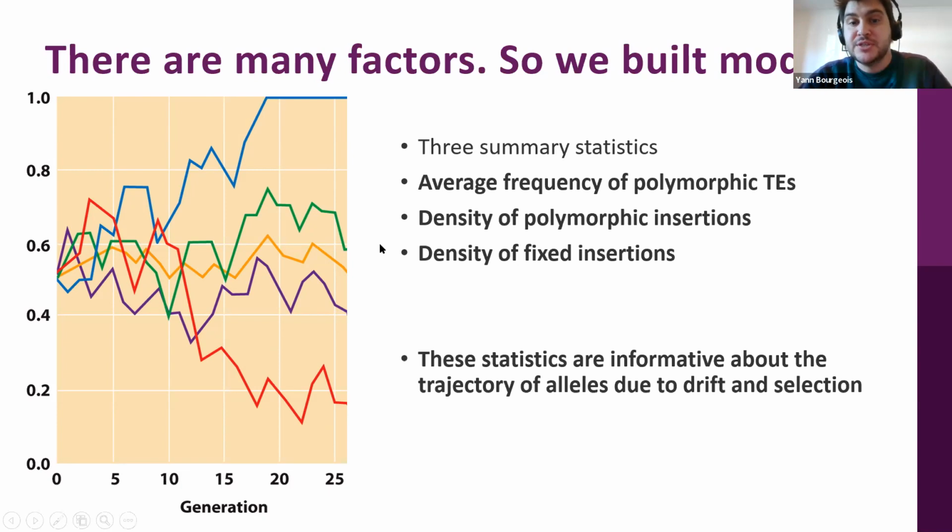These statistics are informative because they describe different categories of TE variants: the ones that have reached fixation, the ones that are still in the process of reaching fixation, and the average frequencies of the ones that are not fixed yet. And the relative abundance of those different categories will depend on the demography and selection.